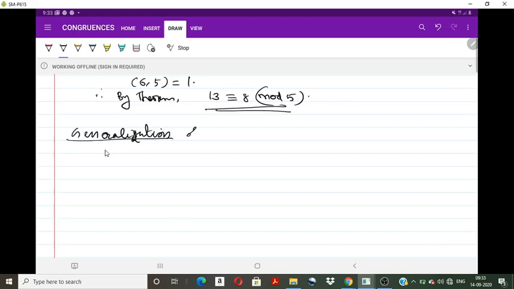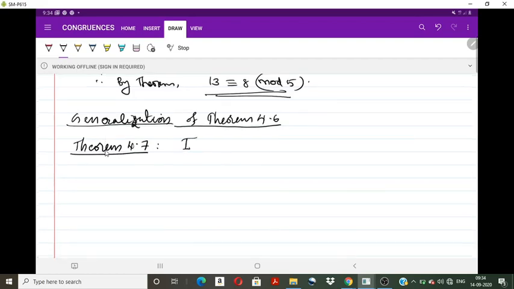Generalization of theorem 4.6, that is theorem 4.7.